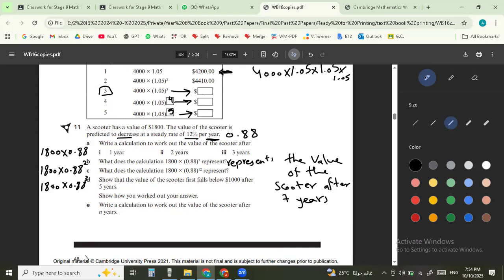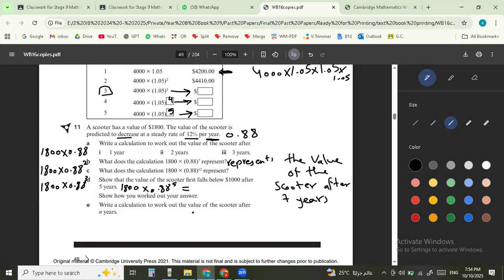Now, show that the value of the scooter first falls below $1,000 after 5 years. So what am I going to do after 5 years? I'm going to do 1,800 times 0.88 to the power of 5, which is going to be what?